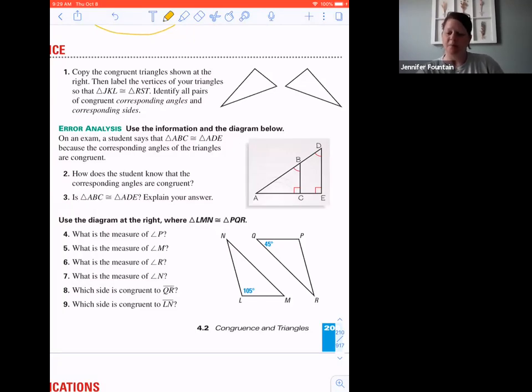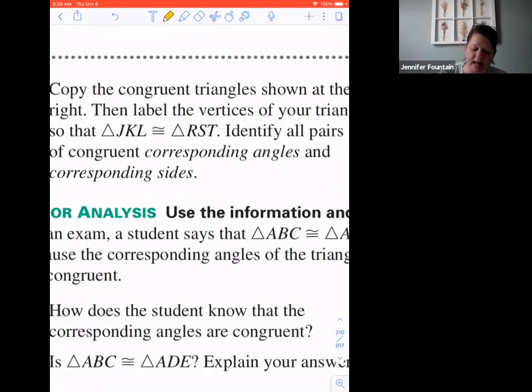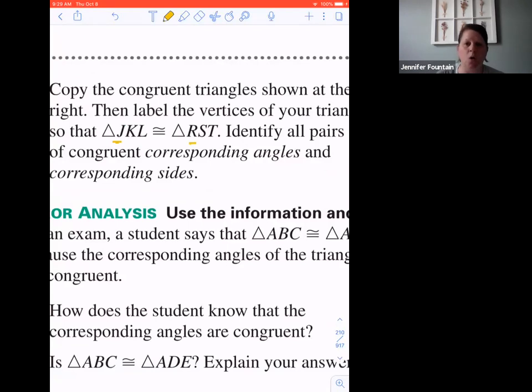All righty, let's get back to it. Hopefully you have drawn your triangles. Now we're going to start identifying all pairs of congruent corresponding angles and corresponding sides. The first thing is we need to name our points. If it's triangle JKL, I want to make sure J and R are corresponding.